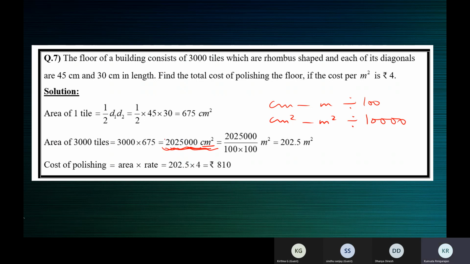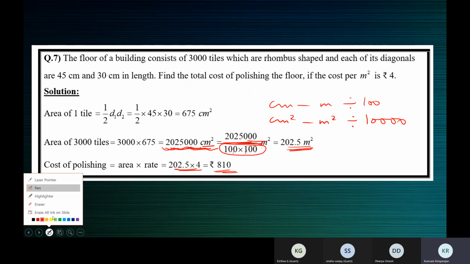So you can see here in the denominator, we divide by 100 2 times to convert centimeter square to meter square. You're dividing by 100 and again dividing by 100. So here we have the floor area in meter square. Now area into rate will be the total cost.